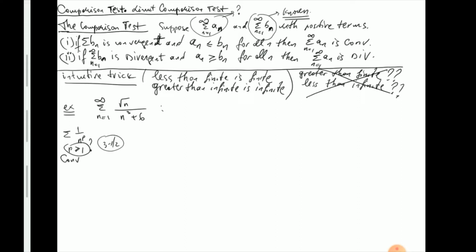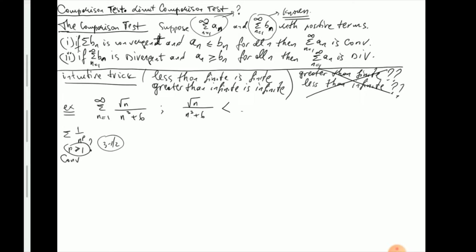Well, all you have to do is come up with a sequence. So you take the sequence that forms the original series, and you take a sequence that will give you a convergent series, but that's greater than this. So you need to find a series whose sequence term in the summation is greater than what you have here, and yet still convergent.